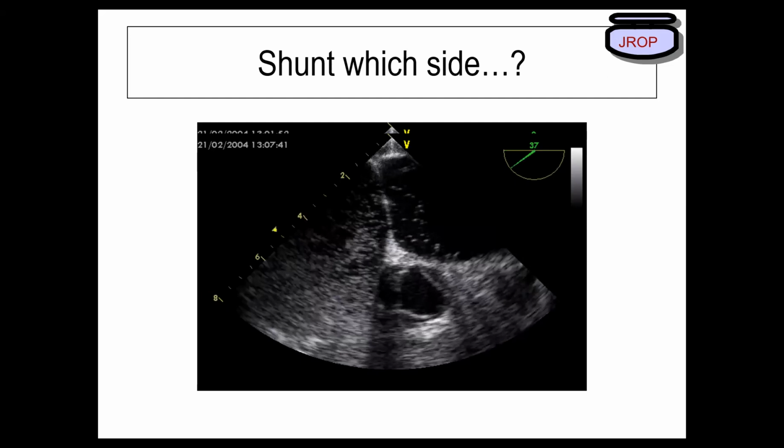Can you see these bubbles now? Yes, they're crossing to this side from right to left. This is what PFO is.